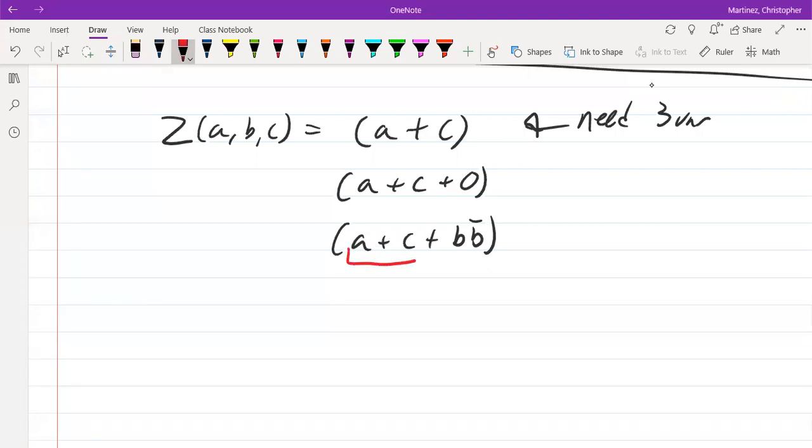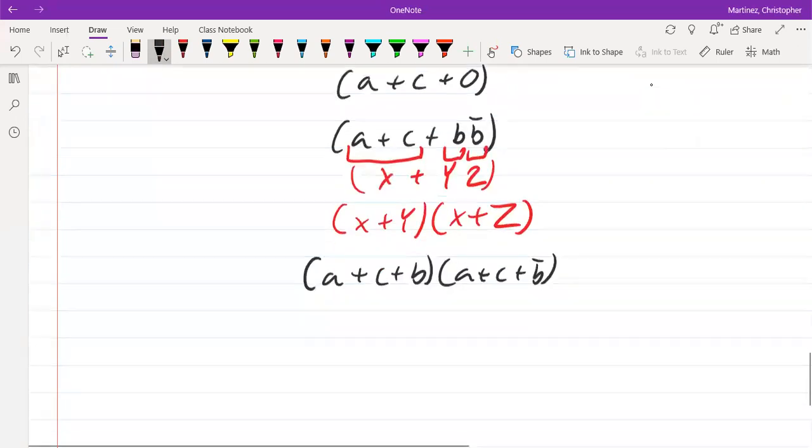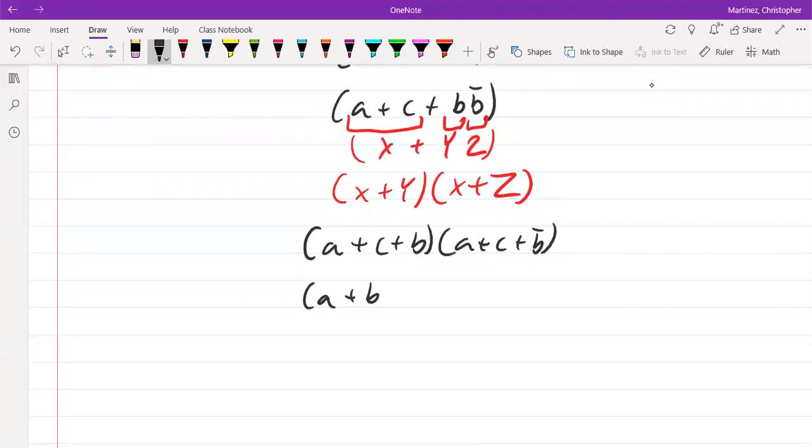We're going to say A plus C is X, B is a Y, and B bar is a Z. And that ends up being X plus Y, X plus Z. Okay, so then we're going to substitute back in. X is A plus C plus Y, which is B. And then A plus C plus Z, which is B bar. Right, let's just write it numerically. A plus B plus C. A plus B bar plus C.